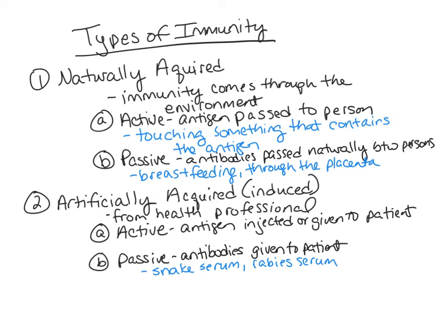It's kind of like an anti-serum. If there's a snake bite and the person doesn't have enough time to build up their own immune response or they'll die, you would want to give them antibodies, or in the case of rabies. The person doesn't have enough time to build up that response, which can take days, right? So then a health professional would just give them these immunoglobulins.